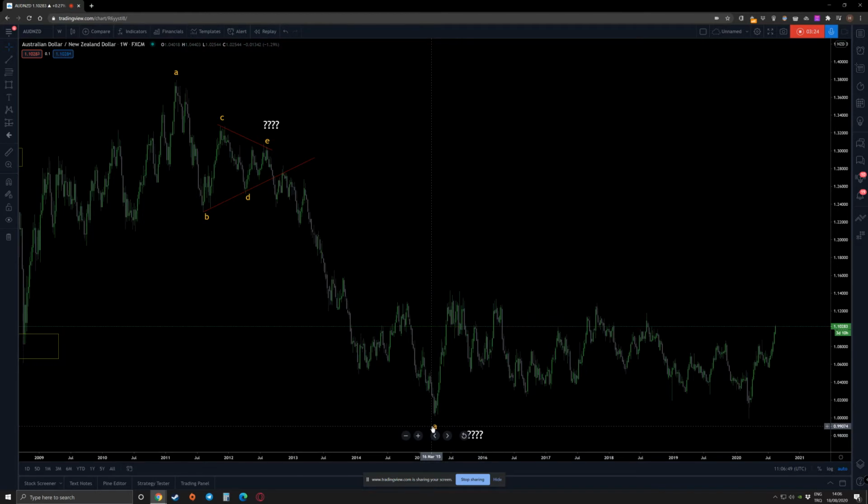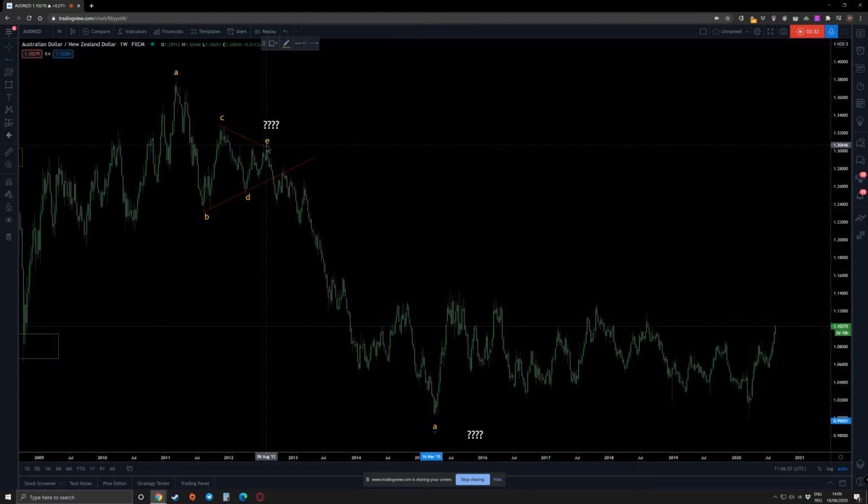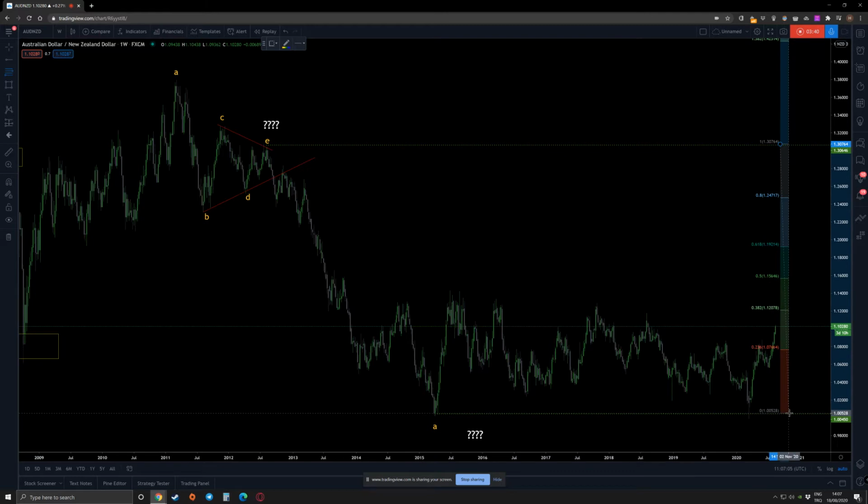What does it mean? If I look at the retracement levels that we have so far, with the horizontal right here, and I put the wave A here, look at the retracement level that we have. So far we came to 0.382 here again and got rejected.